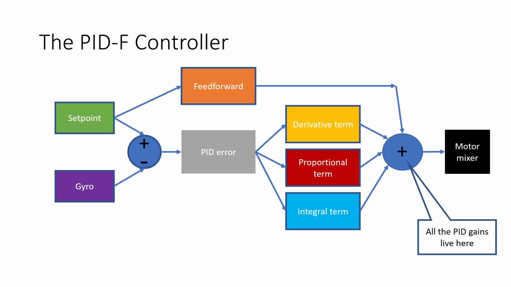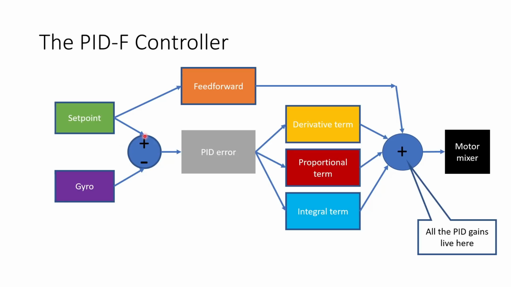So let's look at a diagram of Betaflight's PID controller. You can see that it takes 2 inputs. The first input is the input from the gyro, which is telling the PID controller what the quad is doing at this instant. And then the second input is the set point. This is your stick positions multiplied by your rates, so it's what you are telling the quad you want it to do at that instant.